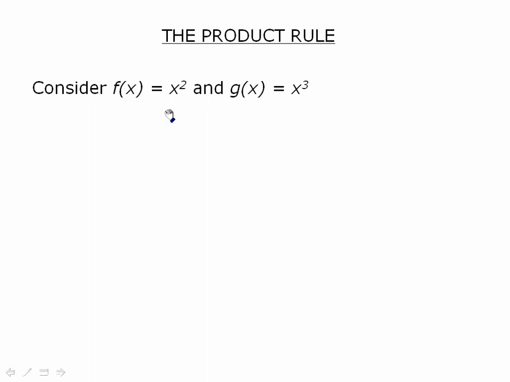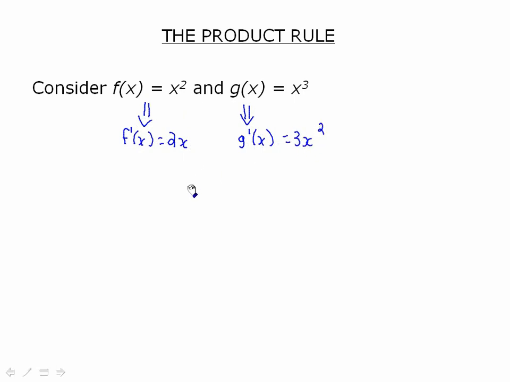Just to illustrate how this whole thing works and some of the false thinking surrounding the product rule, let's take a look at two functions, f of x and g of x. When you look at these two, if you were to take the derivative of each one separately, f prime of x is equal to 2x, and g prime of x is equal to 3x squared.